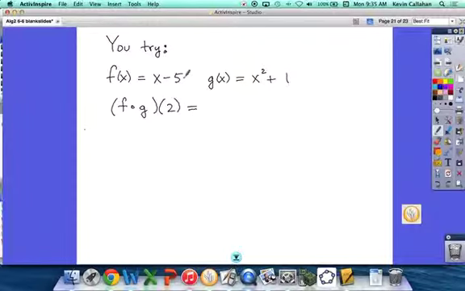Right? So rewrite it as f of g of 2. Right? g of 2 equals 2 squared plus 1 equals 5. So that is f of 5.